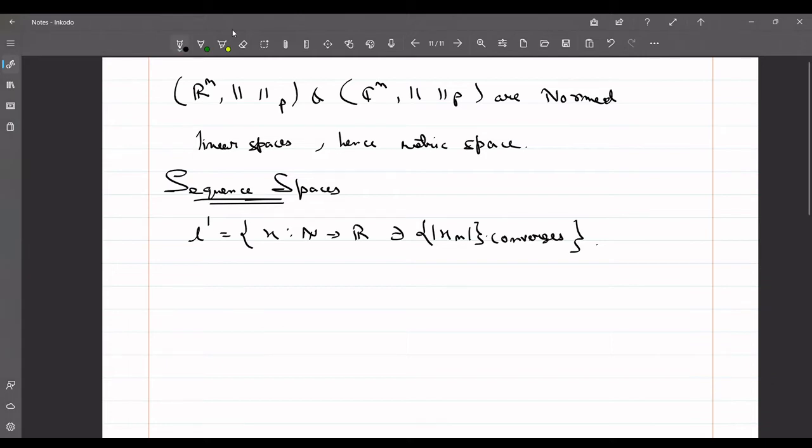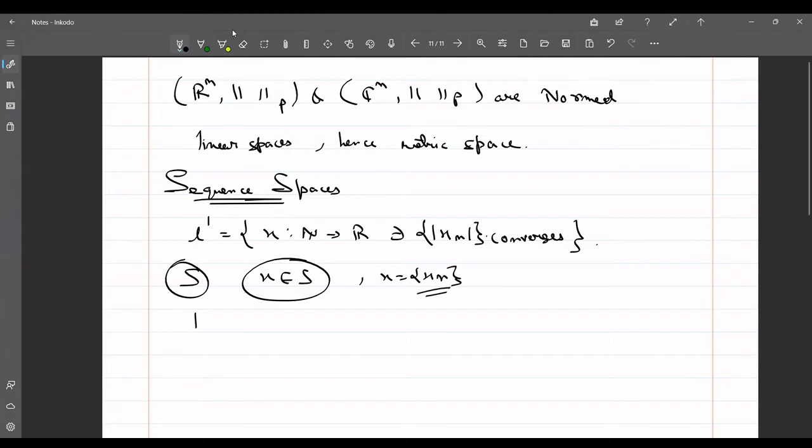I use the term incorrectly: x is not a set of sequences, x is a sequence. Suppose we have a set of sequences, and x is an element of this. Clear? Now we can define the norm, where x is this sequence.